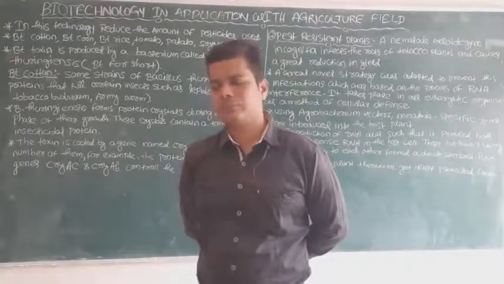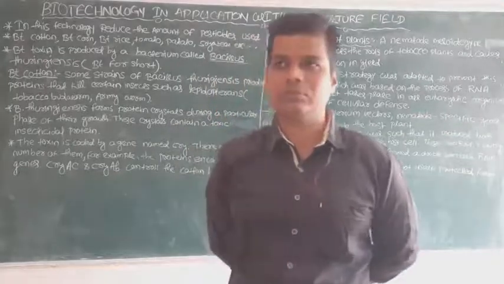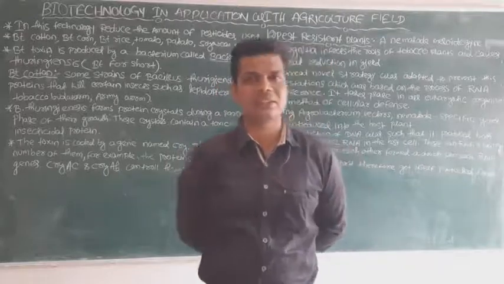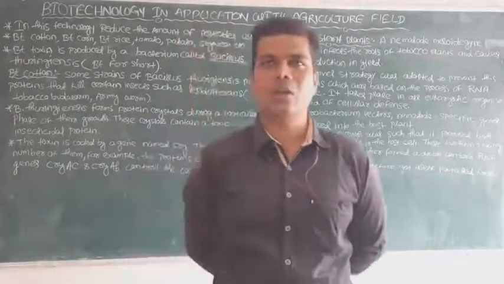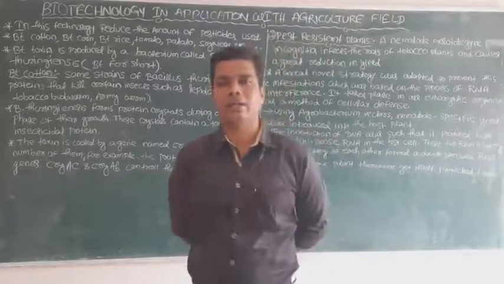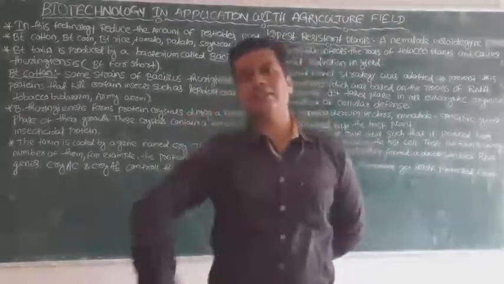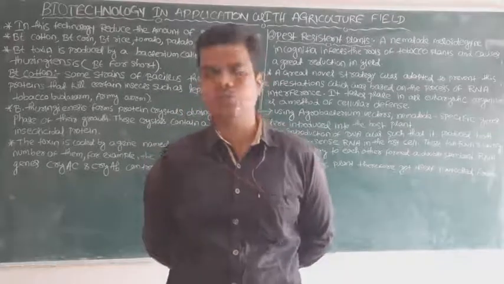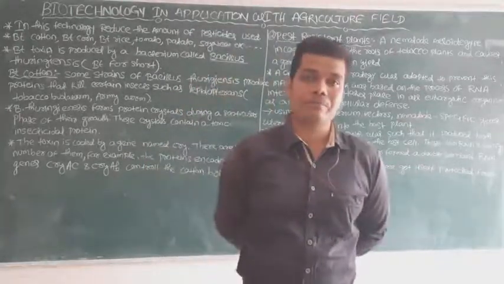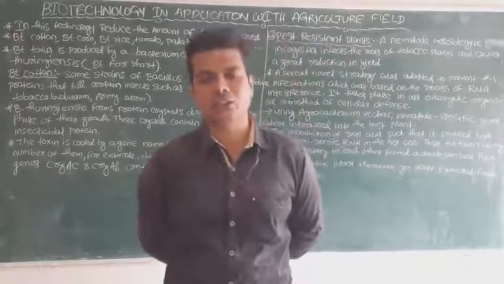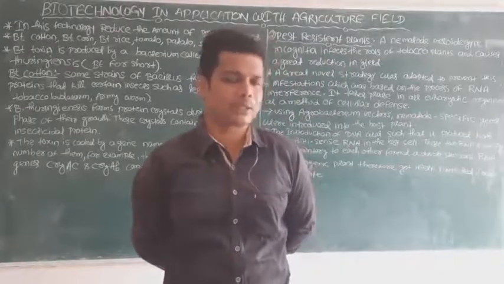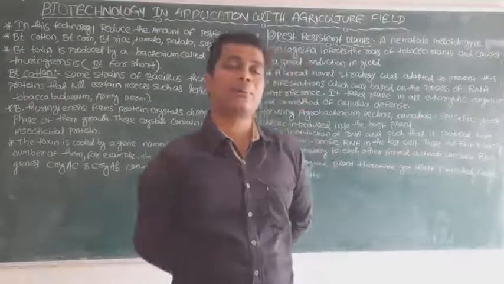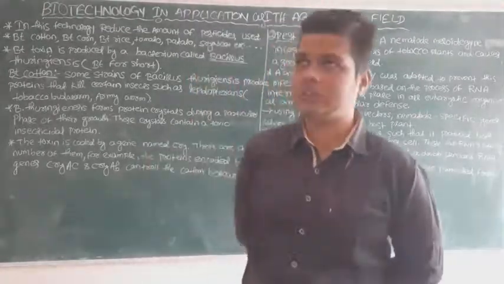We can take a gene that cannot resist different types of insects or climatic factors, and we can insert another gene into the plants by the process of recombinant DNA technology, so that there will be a great strength of resistance in plants in the agriculture sector, which also increases the food production capacity.